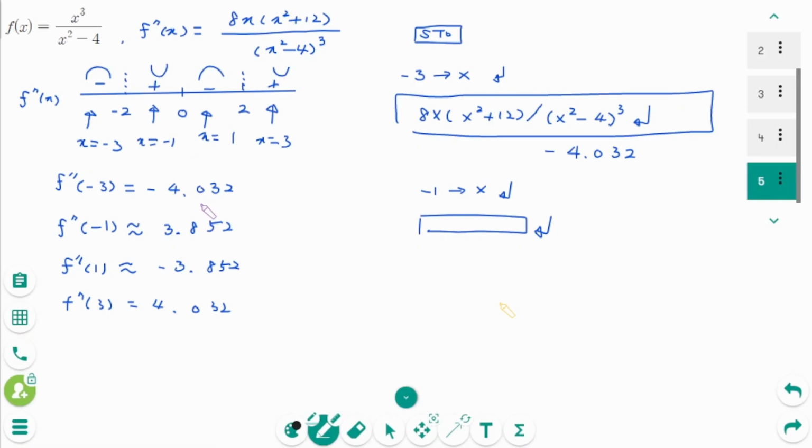F second prime of x changes sign from positive to negative at x equals 0. That means inflection point at x equals 0. Then f of 0 equals 0 cubed over 0 squared minus 4 equals 0 over minus 4, which is 0. Then the inflection point is (0, 0).